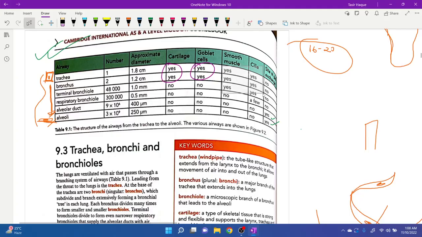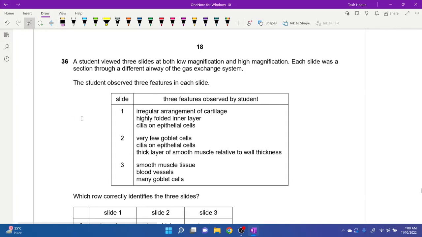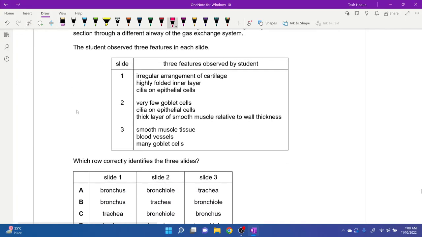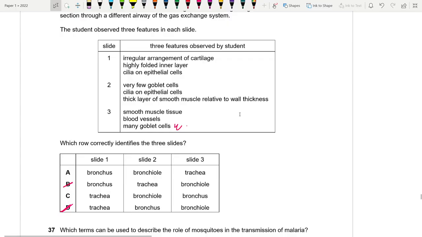You have smooth muscle and cilia in the bronchioles, terminal bronchioles, but afterwards you don't. So let's match it with this. Many goblet cells. 3 is likely to be trachea or bronchi. It can't be bronchiole. Understood? It has to be trachea or bronchus.